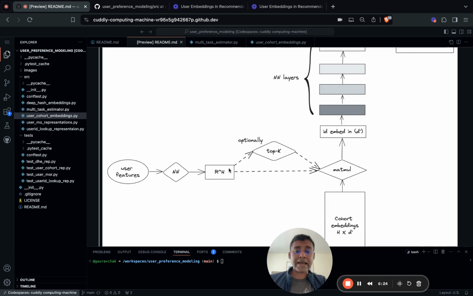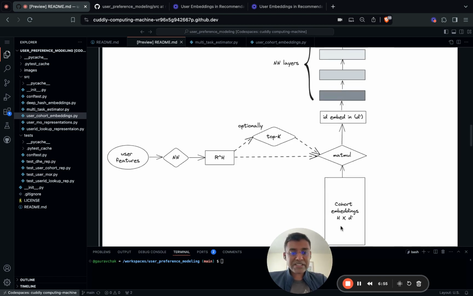And also, for this neural network that comes up with these cohort affinities, you can have dropout during training so that the backprop from each user is not very concentrated. You will hopefully learn that a user will be able to influence more than one cohort.